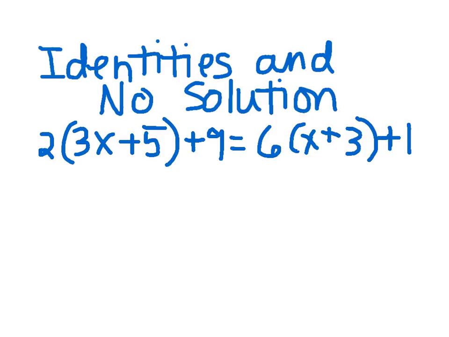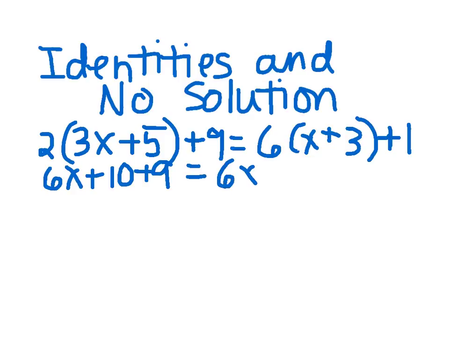If I go through all of the steps that I have been doing, the distributive property, distributing 2 over 3x gives me 6x. 2 over 5 gives me 10. Bring down the 9. That equals 6x plus 18 plus 1.